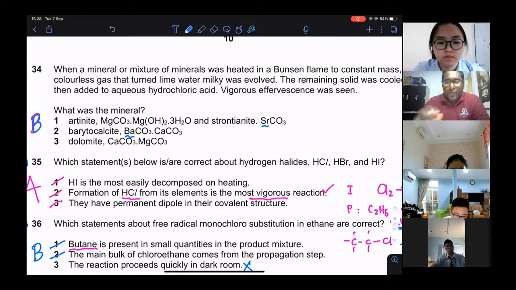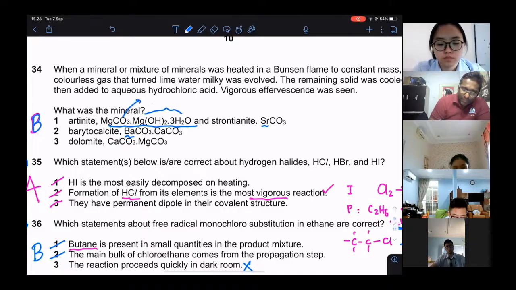So let's say I'm going to heat up. I'm assuming the ones at the top are completely decomposed. For example, this compound, maybe water given out. Magnesium carbonate also decomposes to give you magnesium oxide, and then carbon dioxide is given off. But this one does not decompose, so it stays as SrCO3.